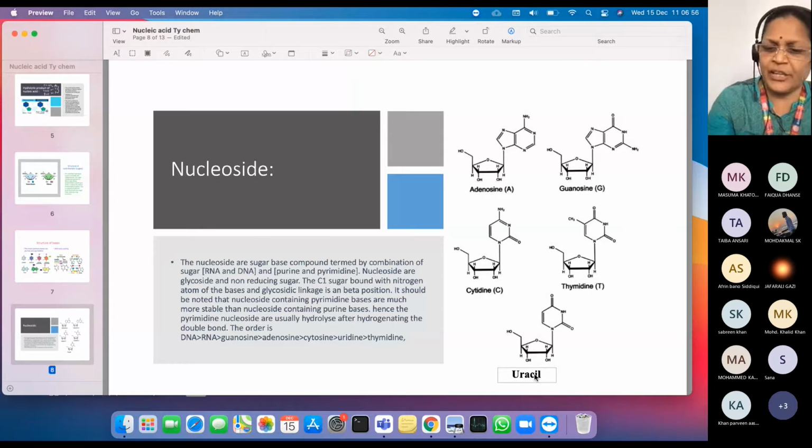The abbreviation is capital U, bracket close. So this is what you have for uracil.